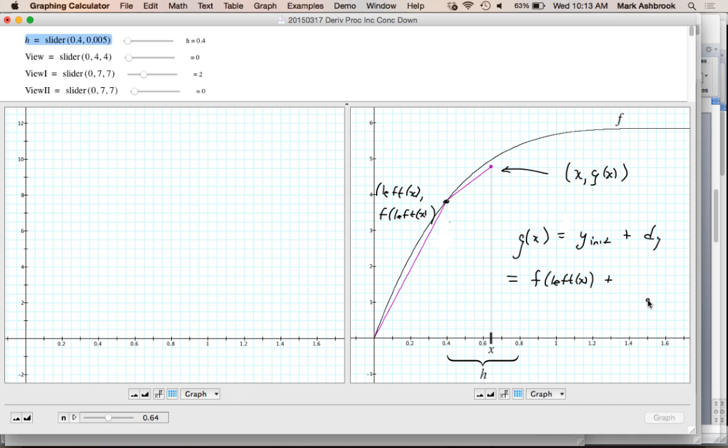We've done this many times before. m dx. Okay, so we need m, and what's dx going to be? It's not h because we're partly through the interval. So our dx is x minus left x.